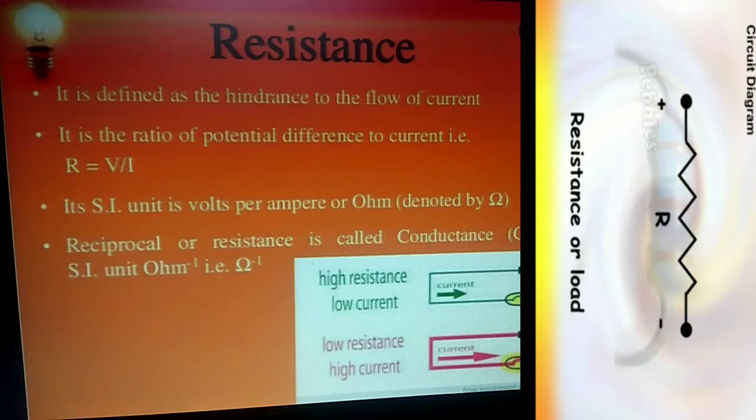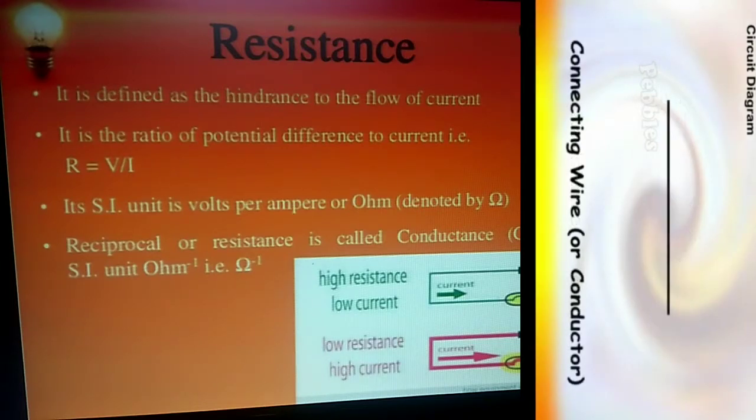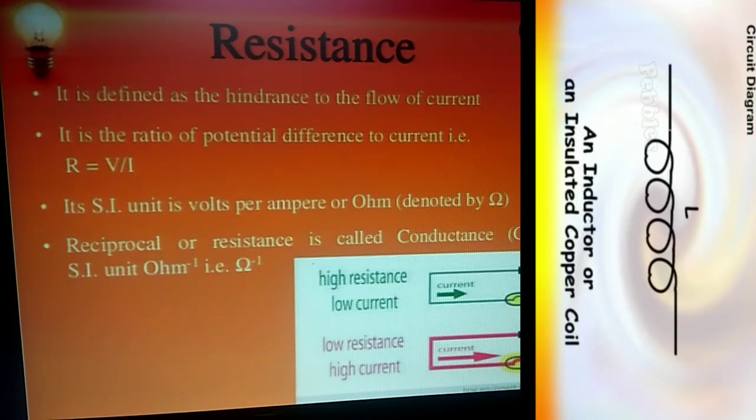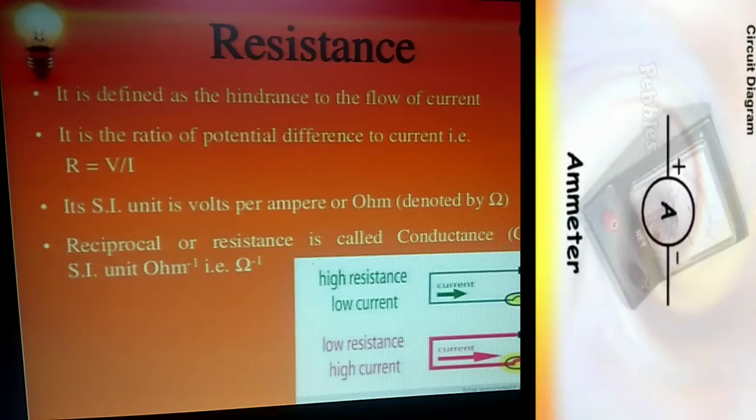Is it by basing the color? No, the thickness of the wire. If the thickness of the wire is more, it will provide low resistance and high current flow will be there. If the wire is thin or conductor is thin, resistance offered is high, so current flow will be low.